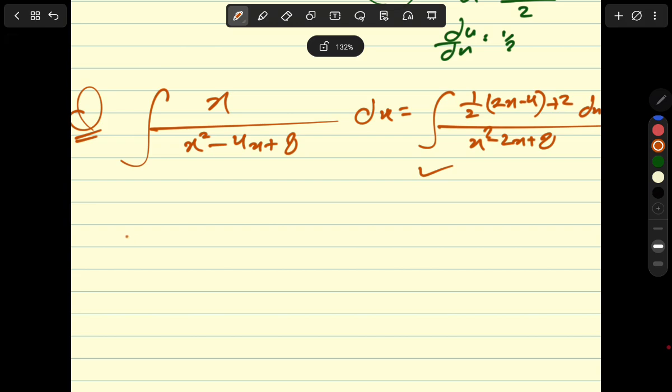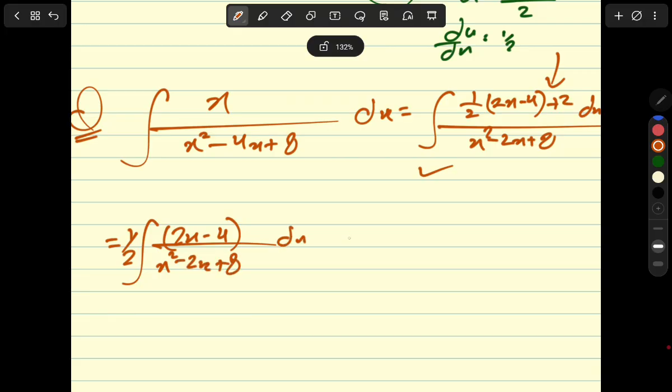I'm going to separate it by this plus sign right here. So this is going to become the integral of half, so I can take half outside, and this is (2x minus 4) over the denominator, which is x squared minus 4x plus 8, and then there's a dx, and then I separate it again. So this is plus the integral of 2 upon x squared minus 4x plus 8, right? And then there's a dx.